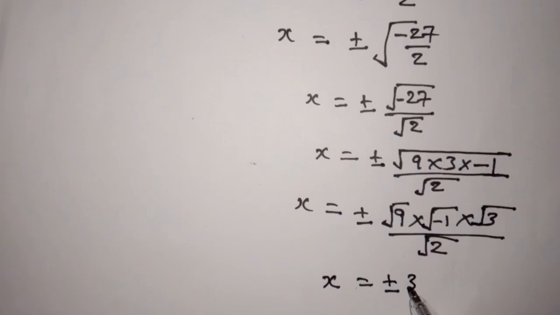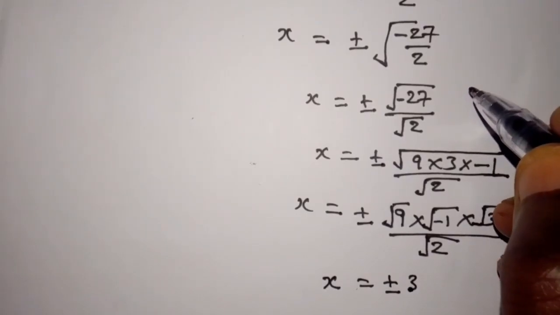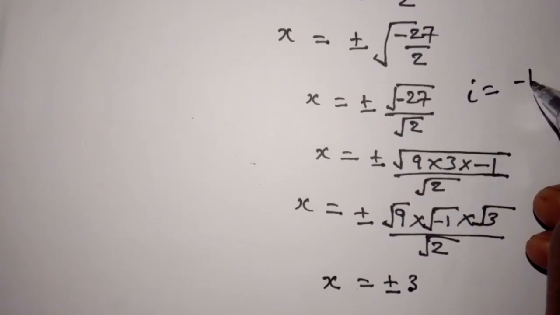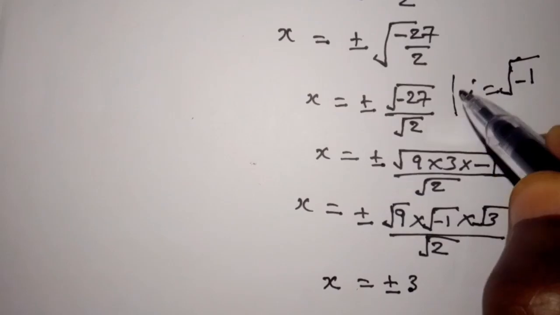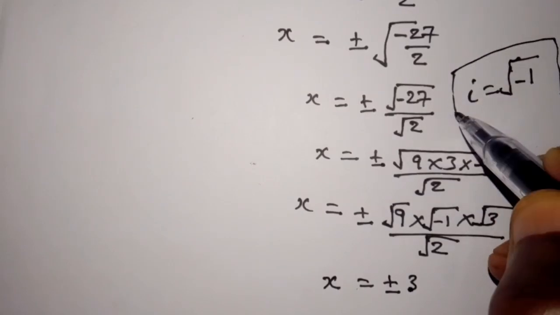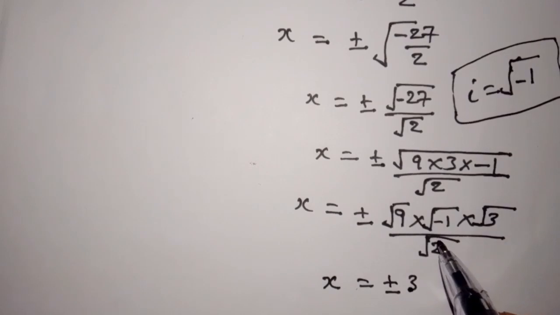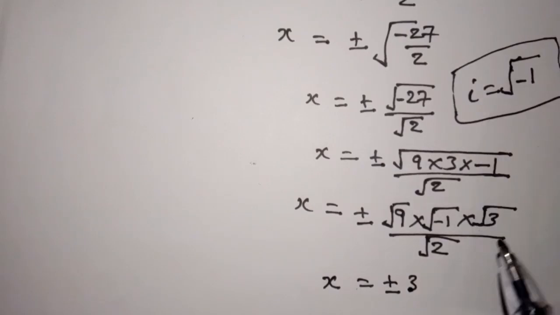We now bring in the idea of imaginary number. We know that i is equal to square root of negative 1. So in place of square root of negative 1, we multiply by i.